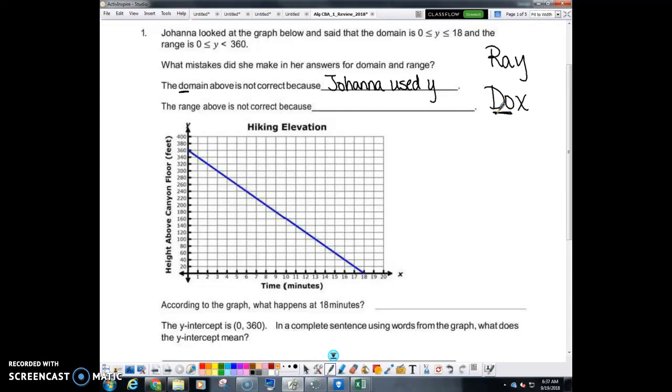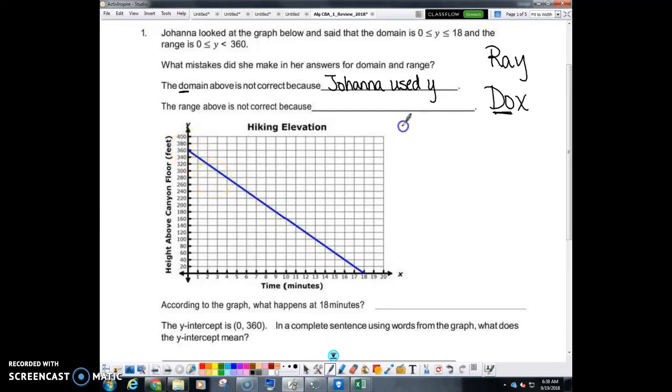Now the range above is not correct because they say the range is from 0 all the way up to 360, but they're saying that 360 is not included. Well, if you look at the graph, it is touching 360. There's no empty circle, right?